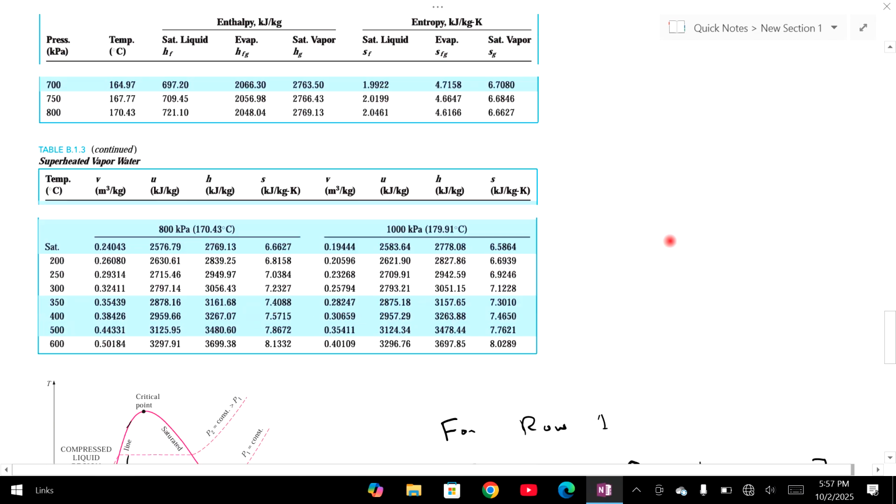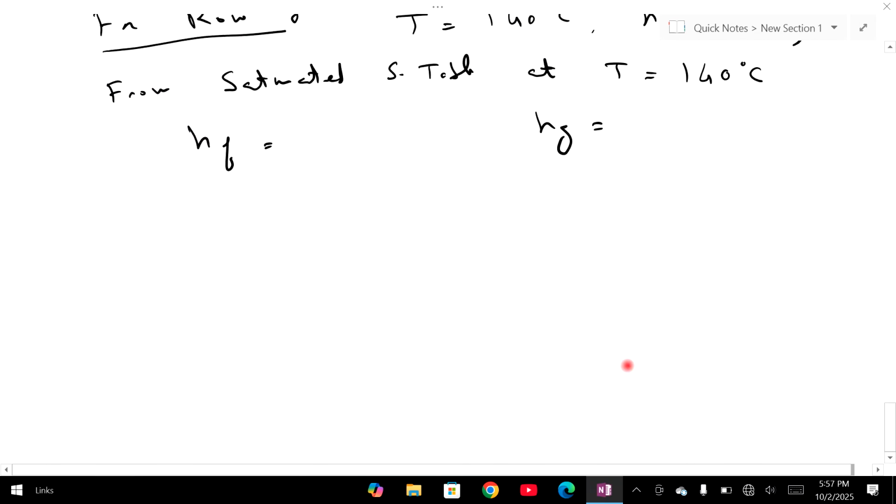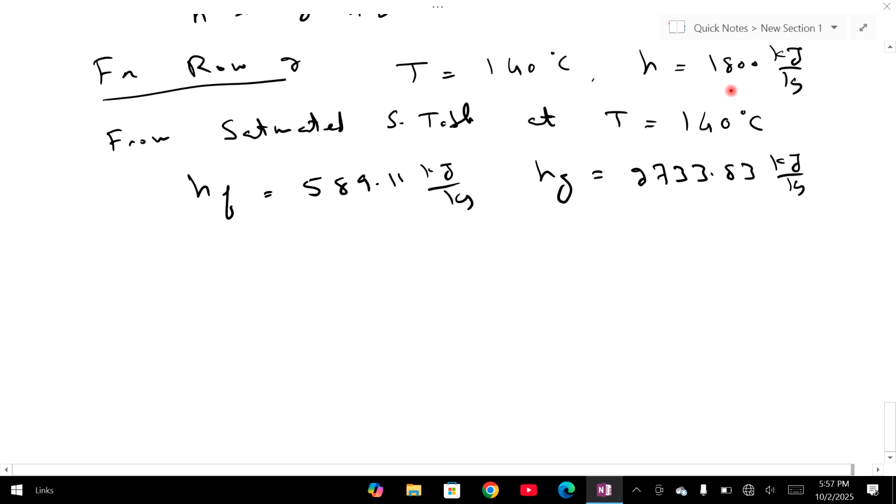So at temperature equal to 140 degrees centigrade, Hf is equal to 589.11 kilojoule per kg, and Hg is 2733.83 kilojoule per kg. And H is given to us as 1800.